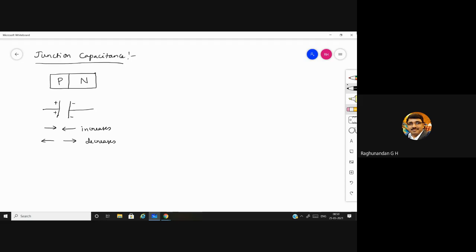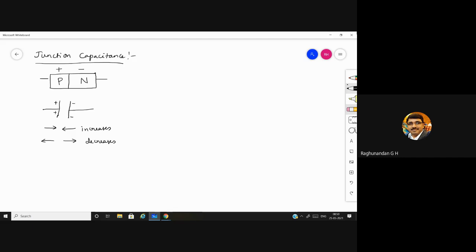This principle of capacitance is now compared with the PN junction. P means the majority charge carriers are holes, and we consider it the positive layer. In the same way, the N layer is considered the negative layer because its majority charge carriers are electrons.